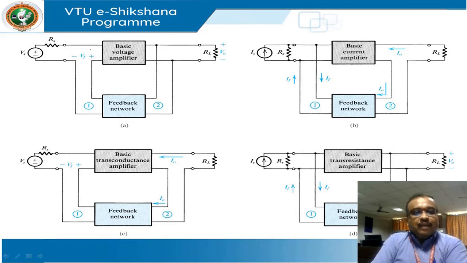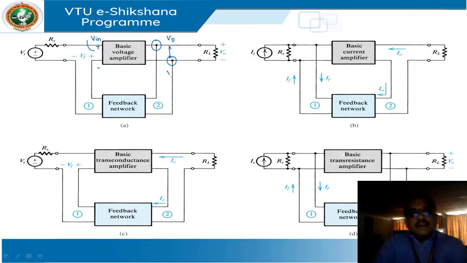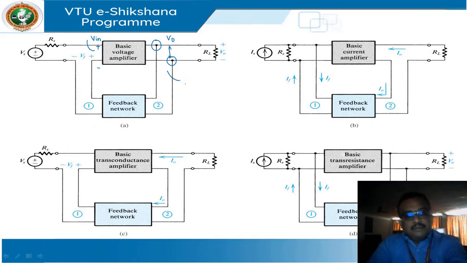Right here we will have Vin, plus and minus. We'll have the output voltage right here, where the output voltage is coming, and we'll always take it across. If you can see these two points, we are taking it across, correct? So that is why the word shunt comes into the picture.